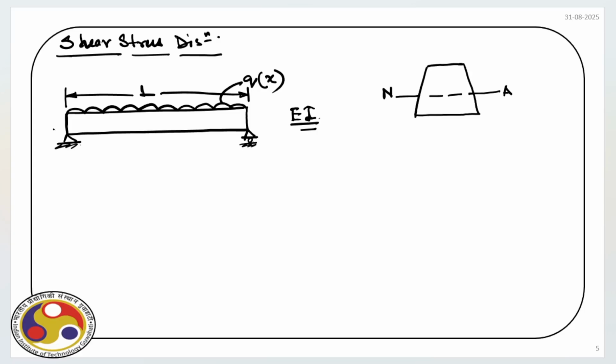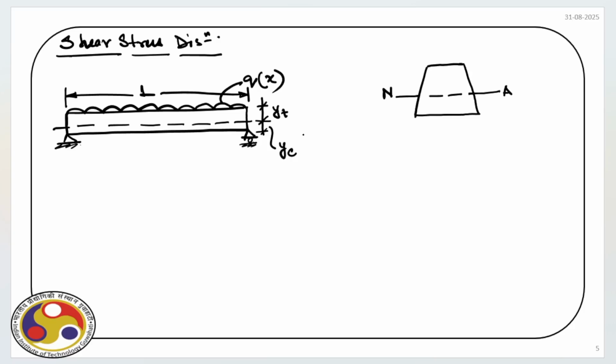If you mark the neutral axis along the length of the beam, this is the location of the neutral axis along the length of the beam, and once we locate the neutral axis, we can also mark YC, that is the distance of the extreme fiber under compression, and then YT.